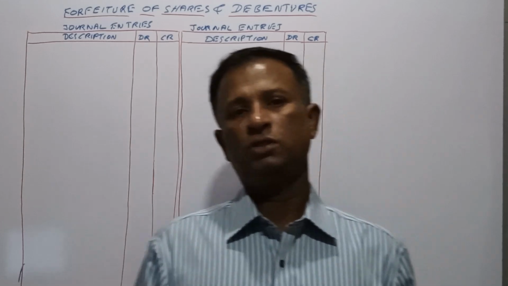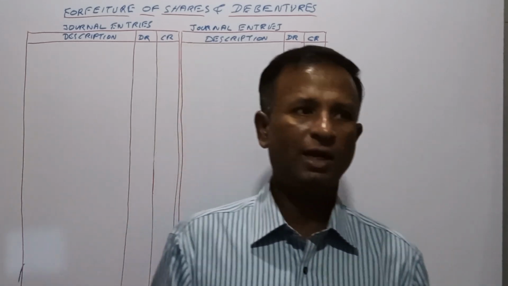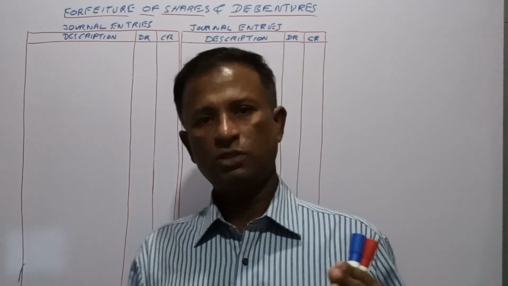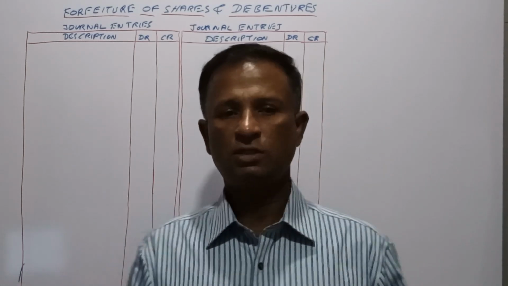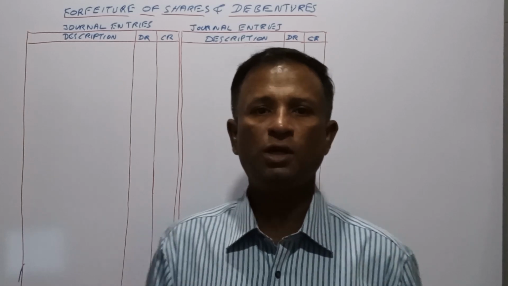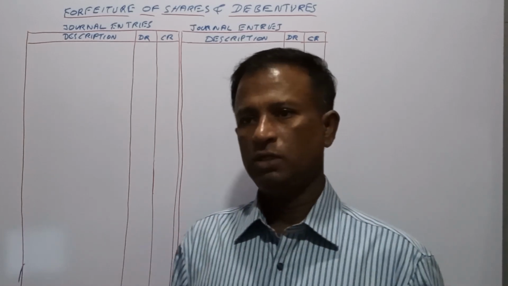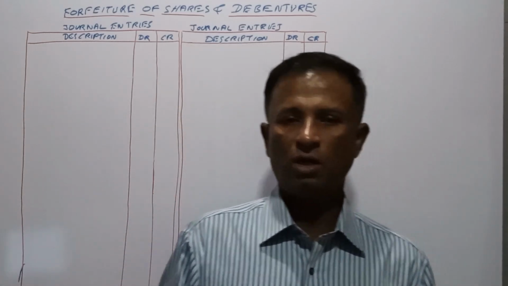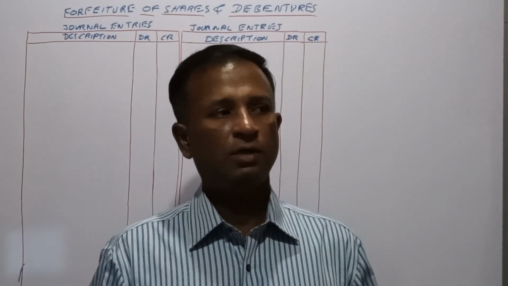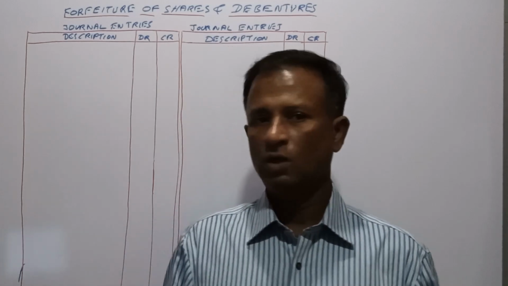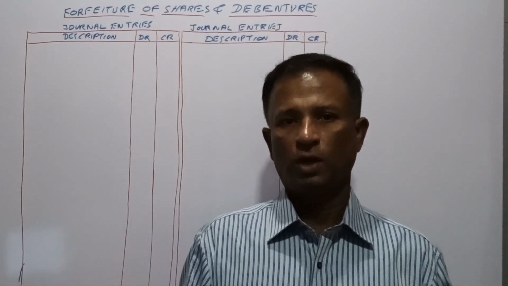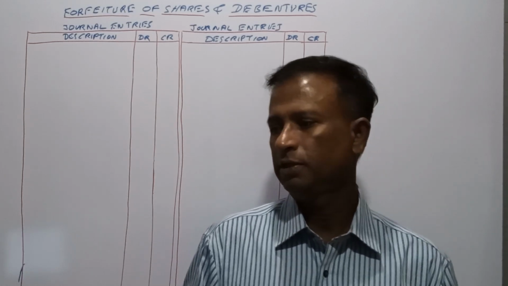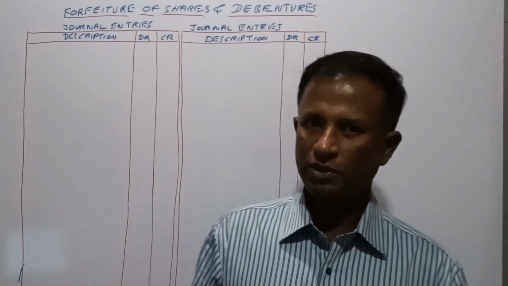If you go through this question, you can understand the procedure of forfeiting, the accounting treatment for forfeiting of shares, the accounting treatment for reissue of shares, and how to handle the pro rata share issues. Okay, so let's move into the question.